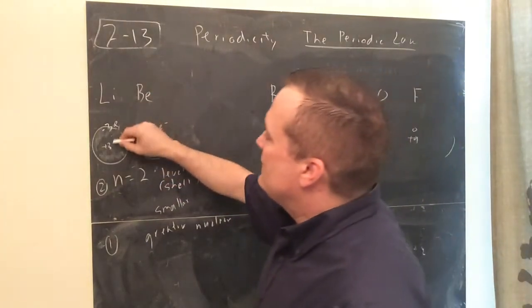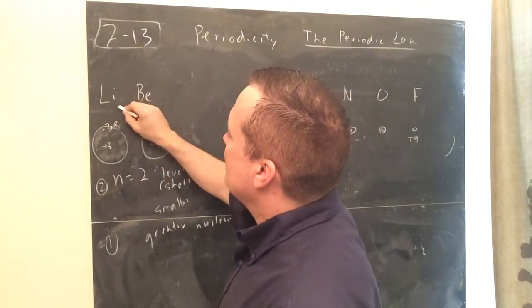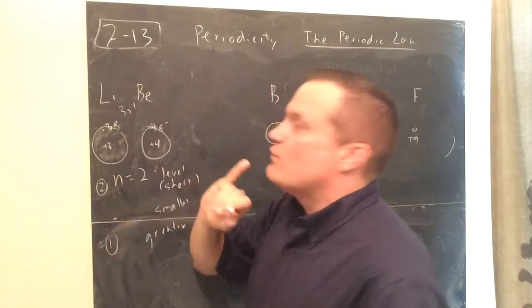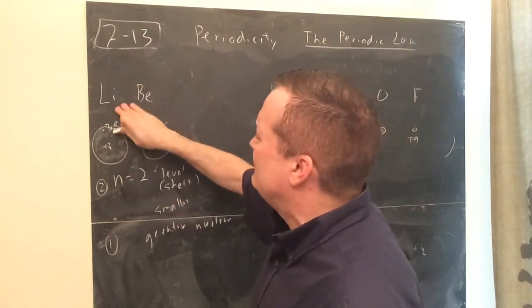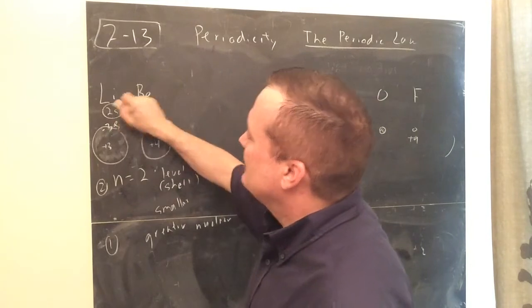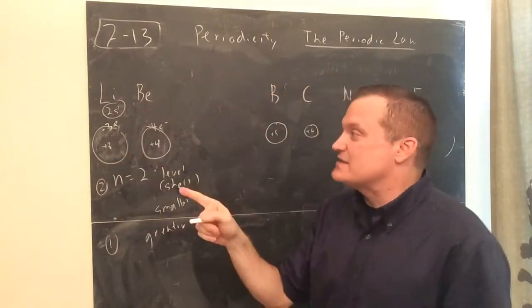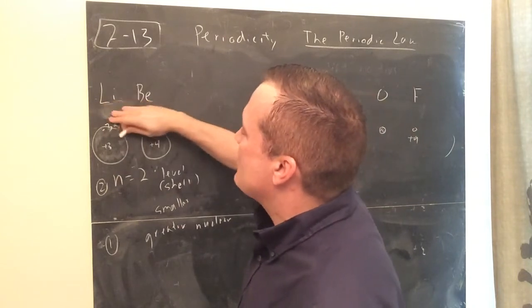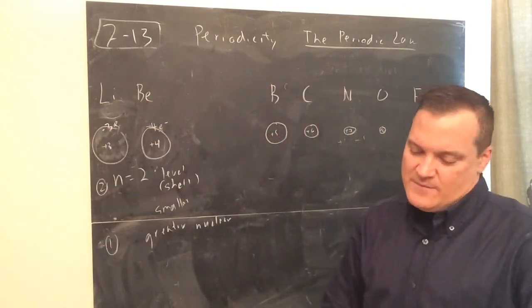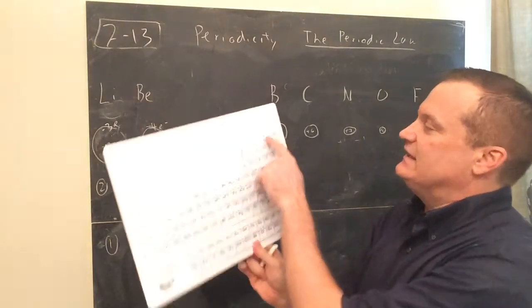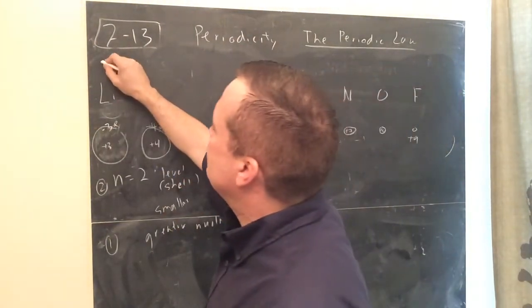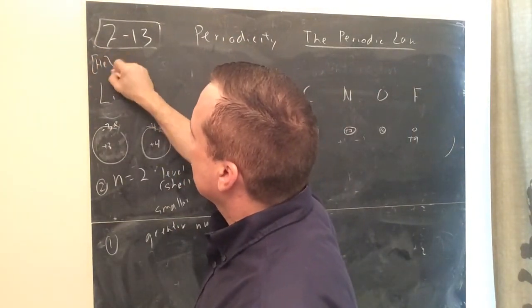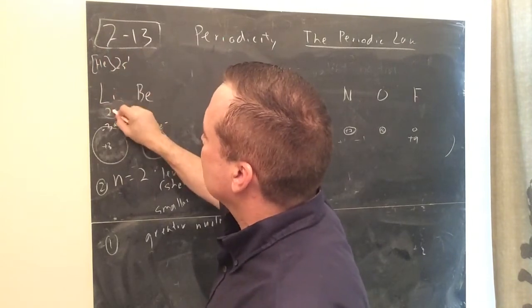Remember, lithium's outer electron is 2s1. Lithium is 1s2, 2s1. It could be good to show the valence configuration with helium. So for lithium, it will be helium 2s1.